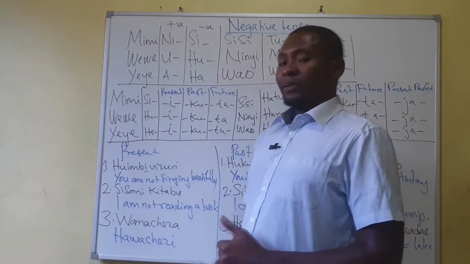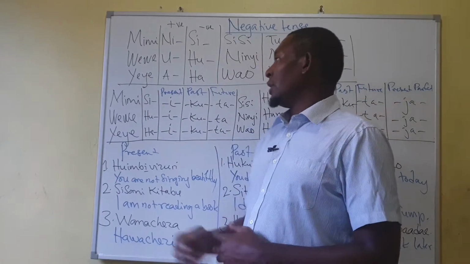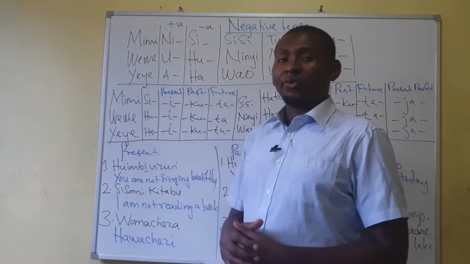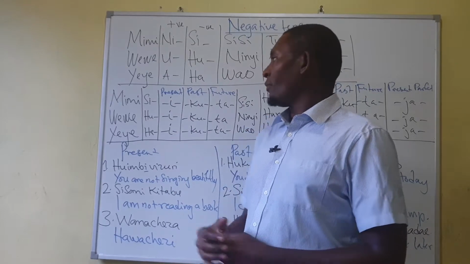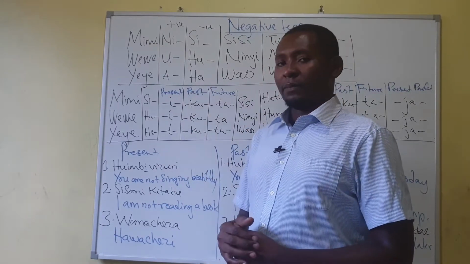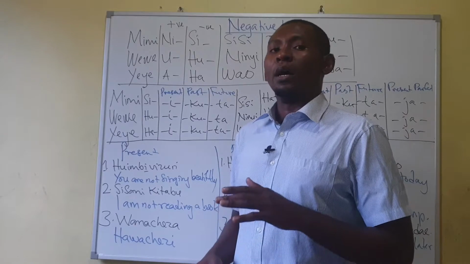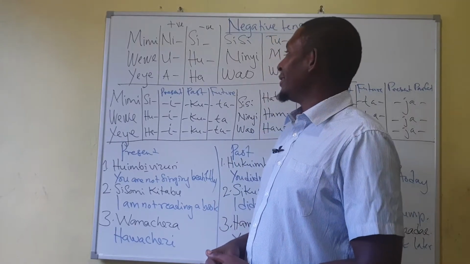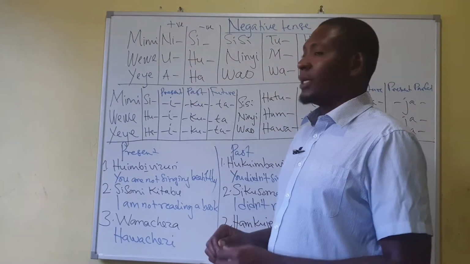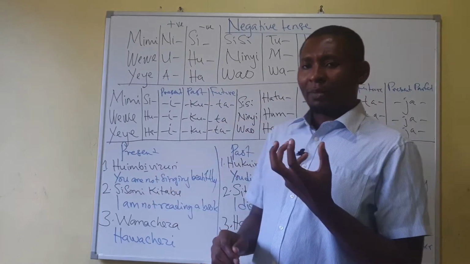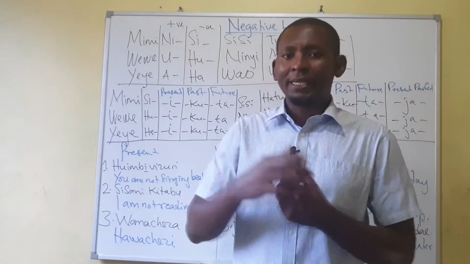And yeye, which is he or she, in positive, it is represented by a. But in negative, it is represented by ha. It is just a few, you take some letter and you bring in another letter.